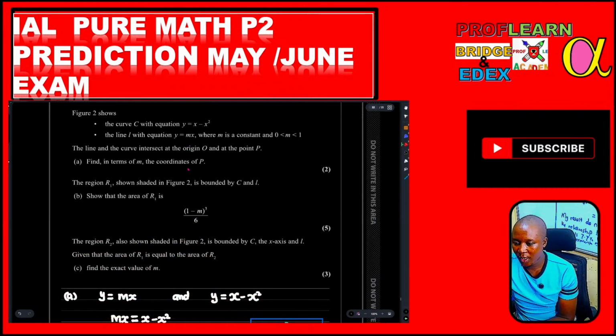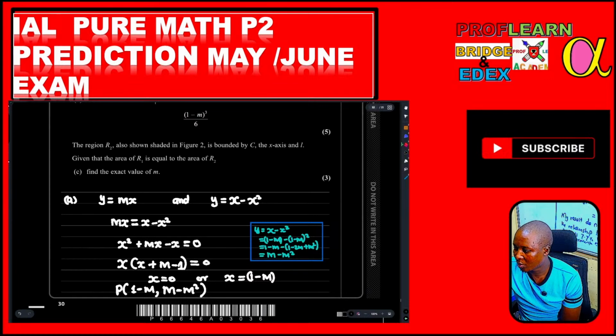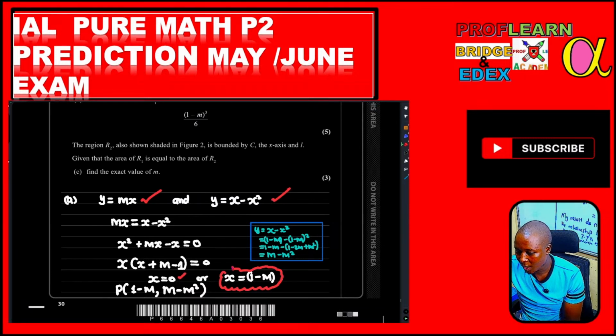So in order to find the coordinate of P, we are supposed to solve the two simultaneous equations that were given, and then we can equate them. You can see now we can equate this, rearrange it, and factor out x. So x is going to be equal to 0, or x is going to be equal to 1 minus m, and basically x equals 0 becomes one of the coordinates, and the other coordinate becomes x equals 1 minus m.